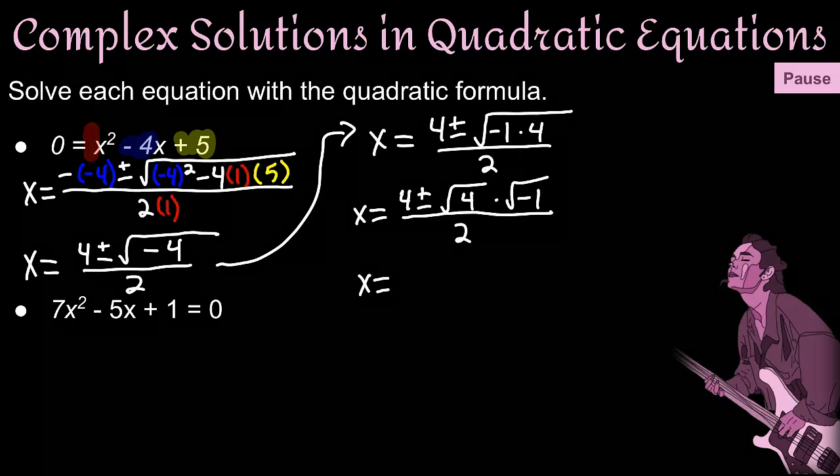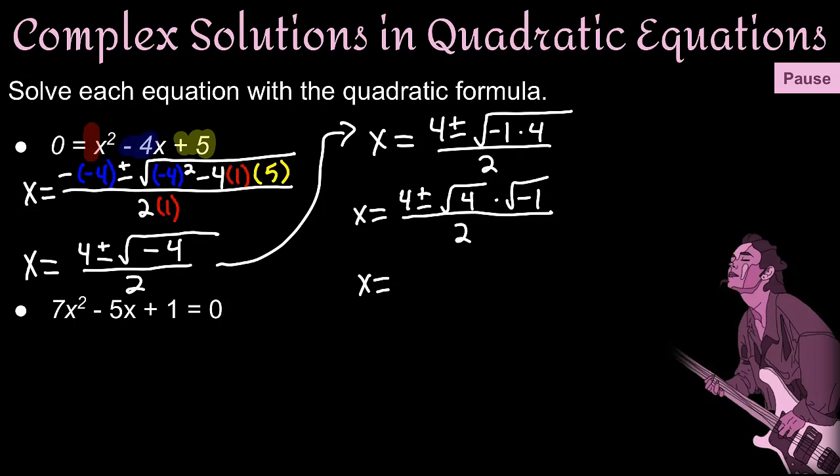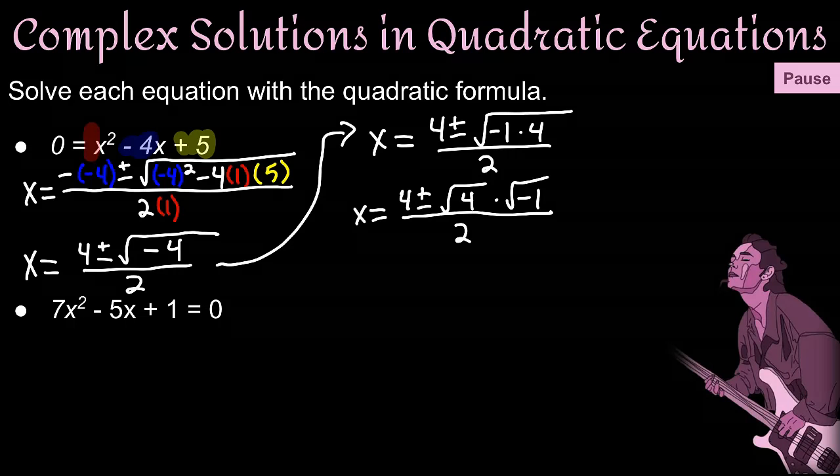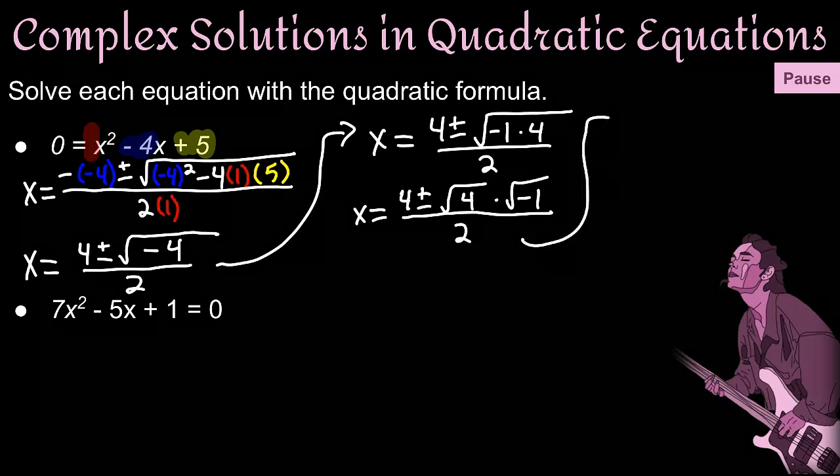And now we have x is equal to, actually I'm going to go up to the next little area up here again. x is equal to 4 plus or minus square root 4 is 2, and square root negative 1 is i, over 2. And now what I see is the 4, the 2, and the 2 are all divisible by a single number. They're all divisible by 2.